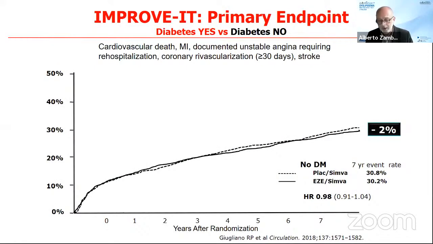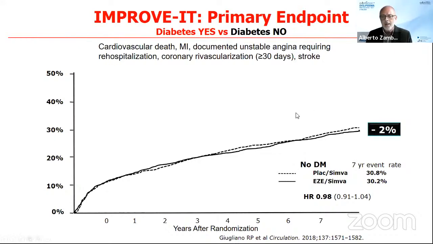The IMPROVE-IT trial, once again mentioned by Professor Koch-Ray, suggested that the addition of ezetimibe was associated with a further decrease in cardiovascular events, suggesting that no matter how you decrease LDL cholesterol, in terms of absolute decrease, milligrams per deciliter or millimoles per liter, you decrease cardiovascular events.